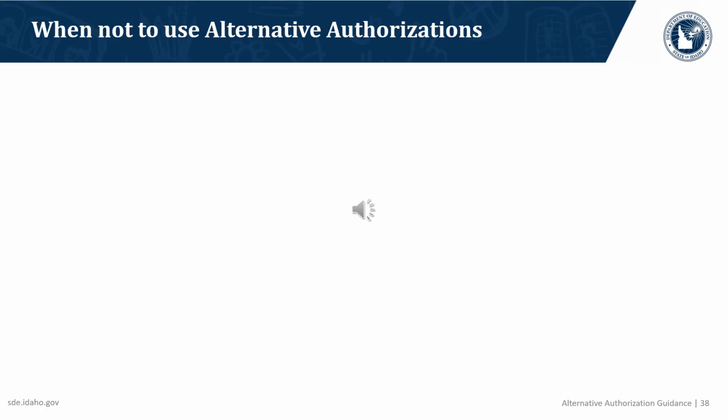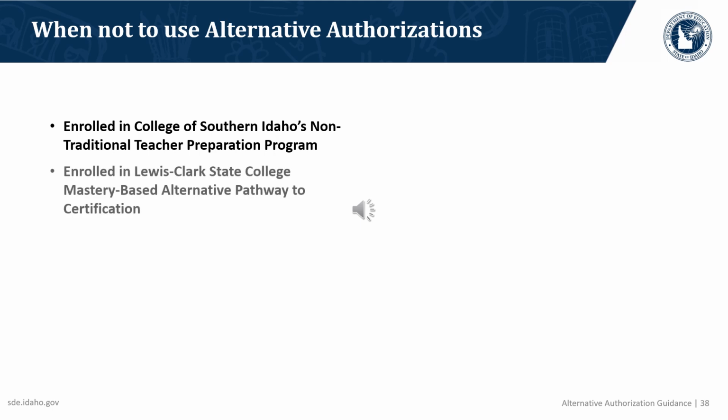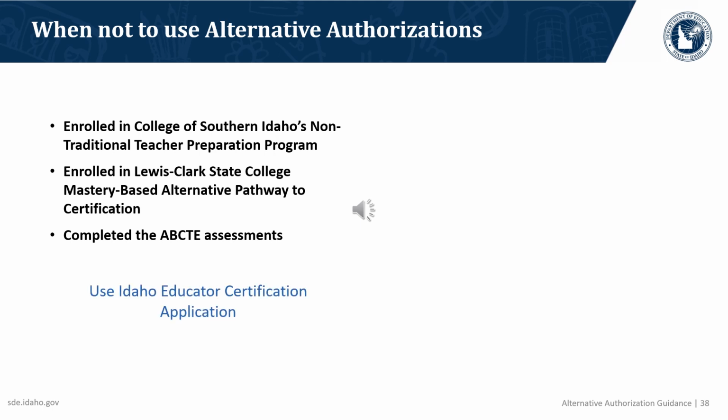Alternative authorizations are not needed if a candidate is enrolled in College of Southern Idaho's non-traditional program, or Lewis & Clark State College Alternative Pathway to Certification, or has completed the ABCTE assessments. The candidate will apply directly using the Idaho Educator Certification application.